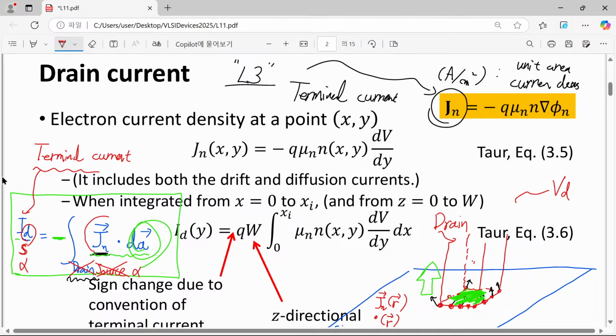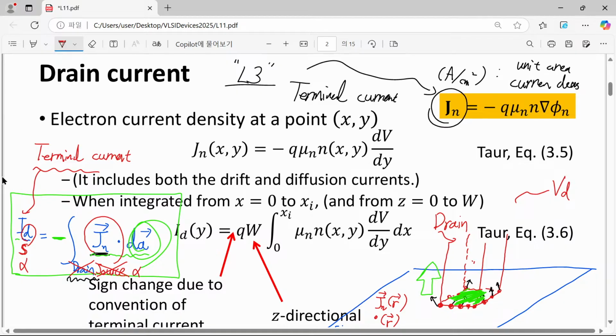It can be related to the current density. The ultimate goal is the terminal current, but in order to calculate the terminal current, we must understand the current density inside the system. That is the important one.